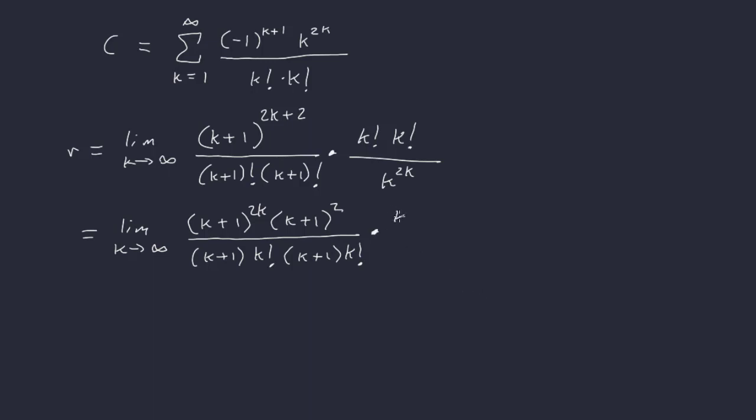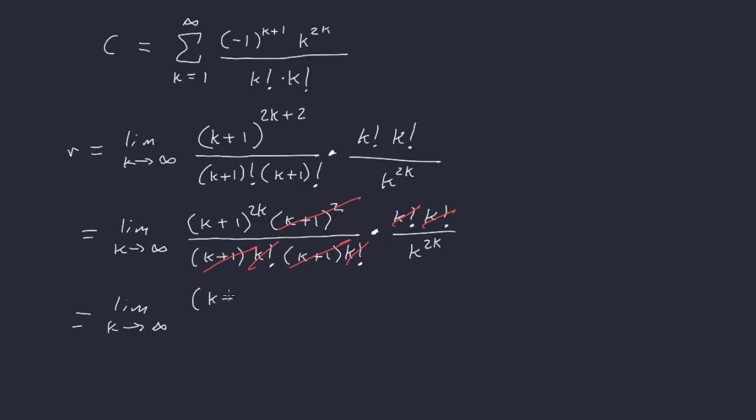All right, and so then up here I'll have a k factorial times k factorial all over k to the 2k. All right, so let's cancel what we can. These k factorials, of course, cancel nicely, and this k plus 1 squared cancels with these k plus 1s down here. Very nice. All right, so then next, let me write what we have.